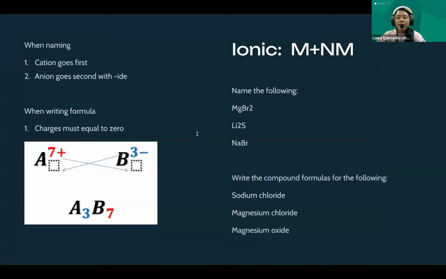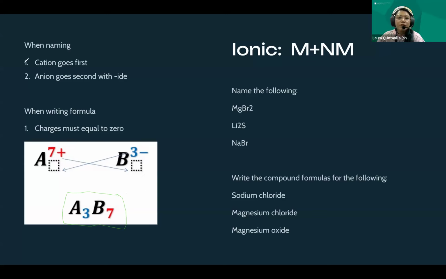The way I have here is kind of a shortcut: you just crisscross the numbers across from each other. So the 3 will come down to the A and the 7 will come down to the B. This should be your final formula, and the math will work out to equal 0. We'll do an example where we can see why that works out.